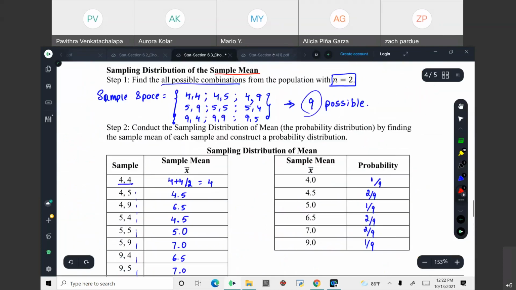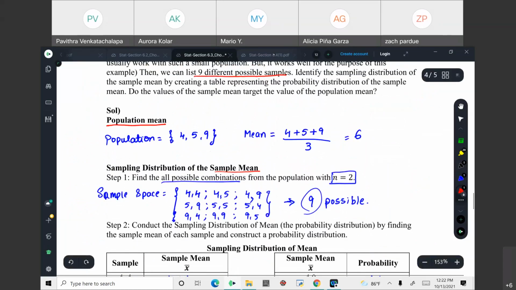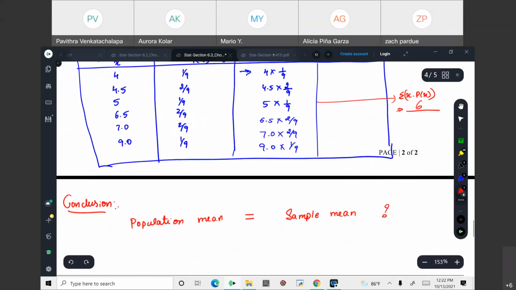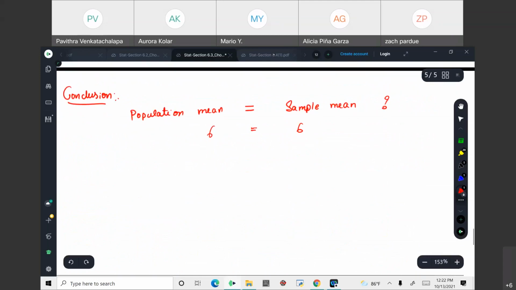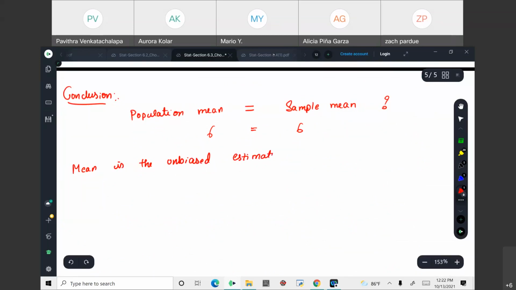So the population mean we got here is 6 and the sample mean which we get here is 6. So it is equal. So what can you say? Mean is the unbiased estimate. Okay.